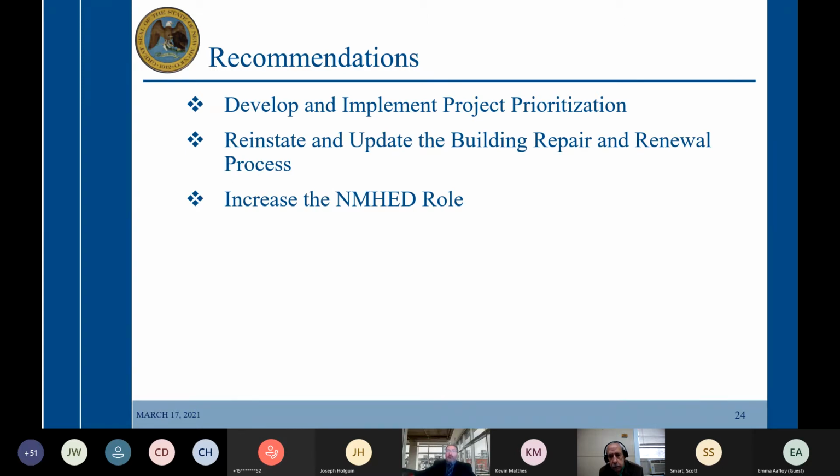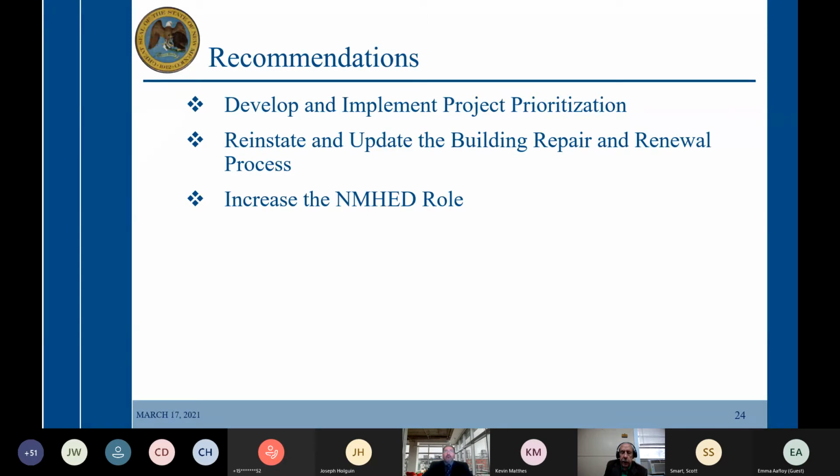There's currently some freedom for the institutions to use those funds as they see fit. Some of you that have been around a while can remember there used to be some restrictions on how those funds were spent. We recommended that be put back in place, just to remove any temptation to use building repair and renewal funds for something other than what the intent was.